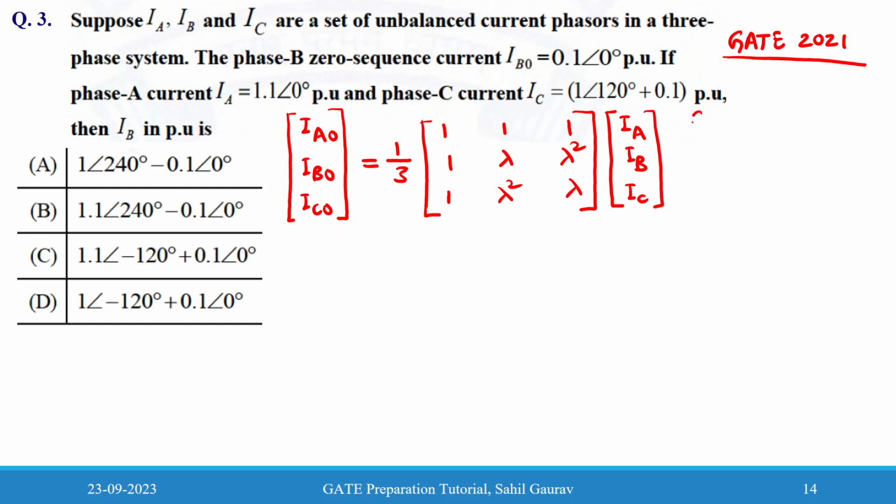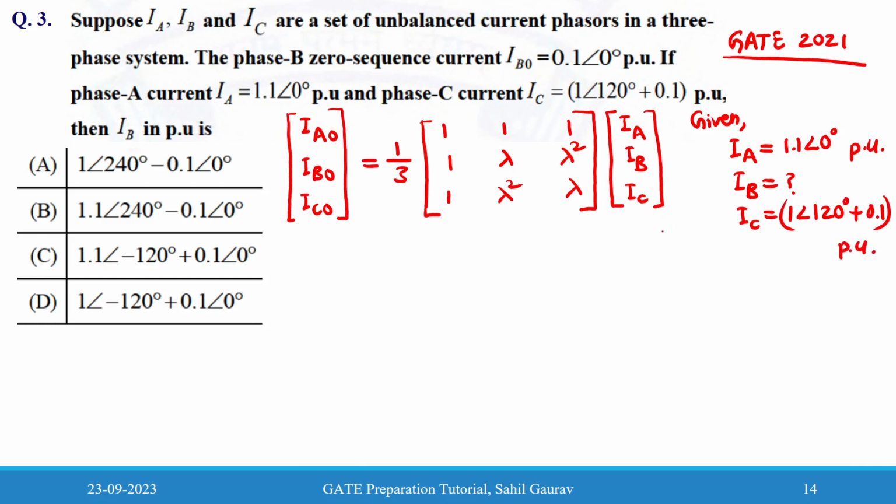So what are the given values we have? Given values are IA, IB no, IA is given as 1.1 at the angle of 0 per unit, and IB we have to find, and IC is 1 at the angle of 120 degree plus 0.1 per unit, and IB0 is also given.